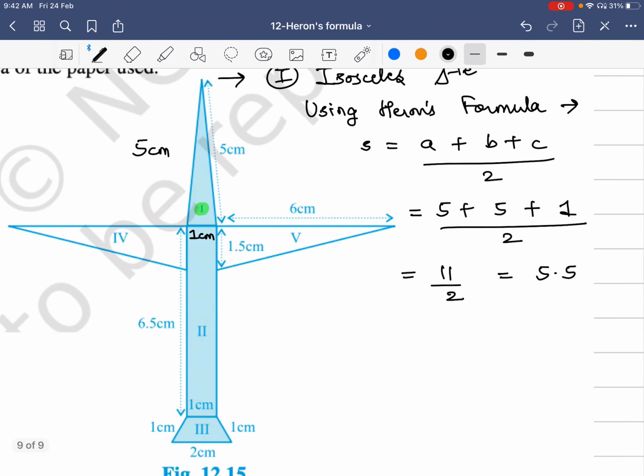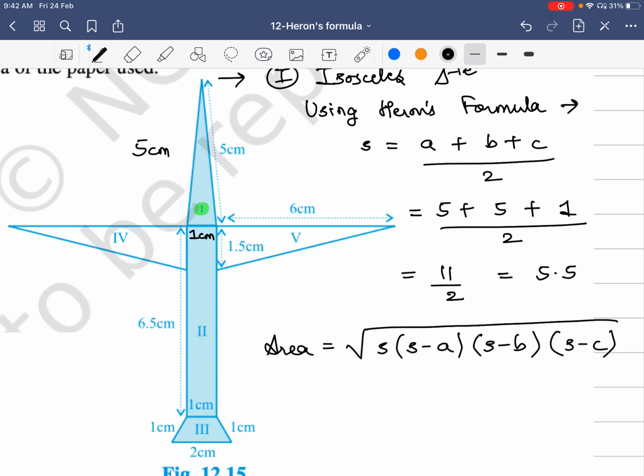Now what is the actual Heron's formula to calculate the area? Area is equal to square root of S into S minus A, S minus B, and S minus C. This is the actual Heron's formula.